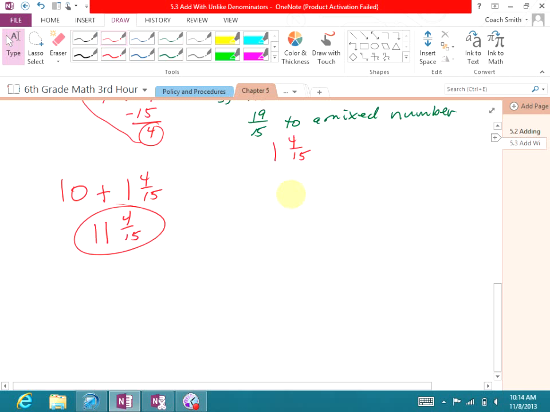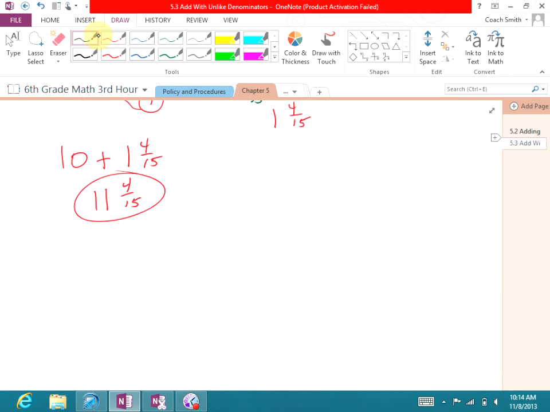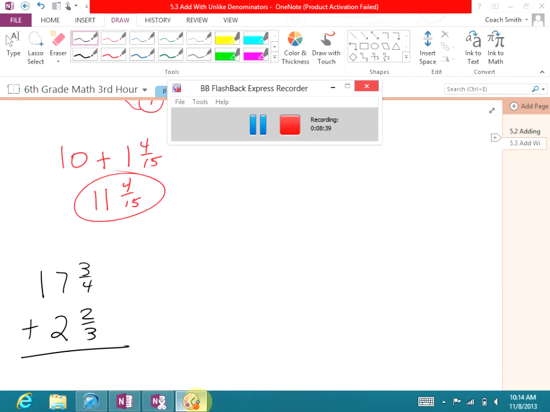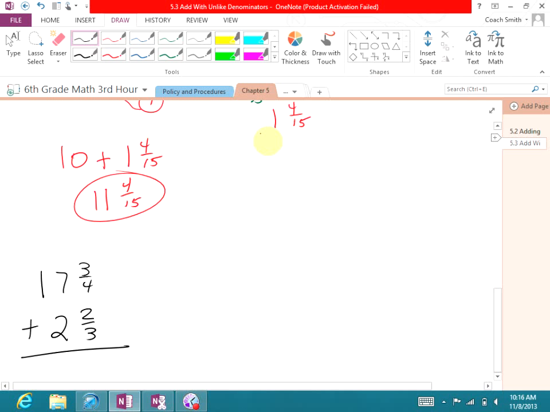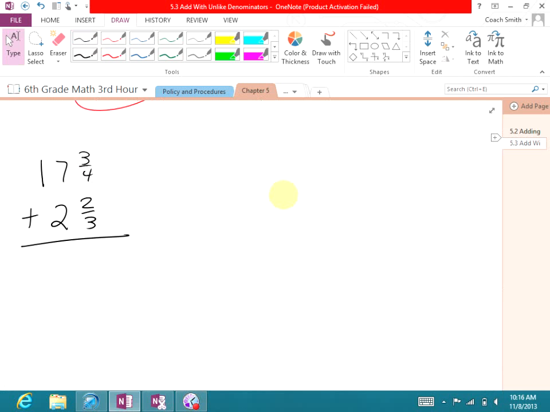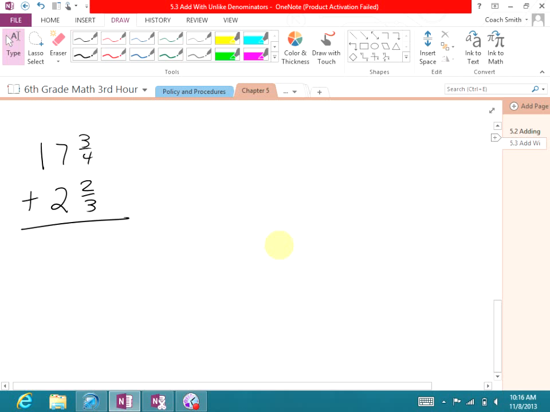All right, I want you to try this one on your own. 17 3/4 plus 2 2/3. The answer is 20 5/12. Now, the common denominator between 4 and 3 is what? 12.